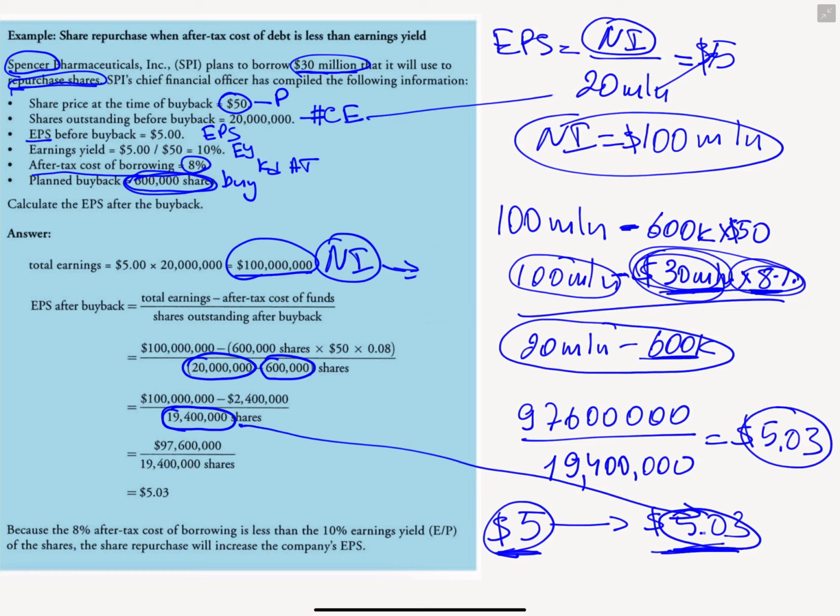Okay, and here is some logic: if the after-tax cost of borrowing is less than the earning yield, the earning per share will rise because the company gets cheap money and pays shareholders more.